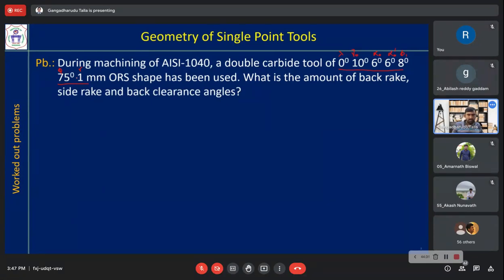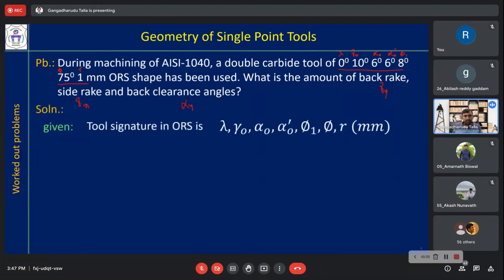So you know lambda, you know gamma O, you know alpha O, and phi also is known to you. What is the amount of back rake angle? Back rake is gamma y, side rake gamma x, back clearance alpha y. These are the things that are asked.